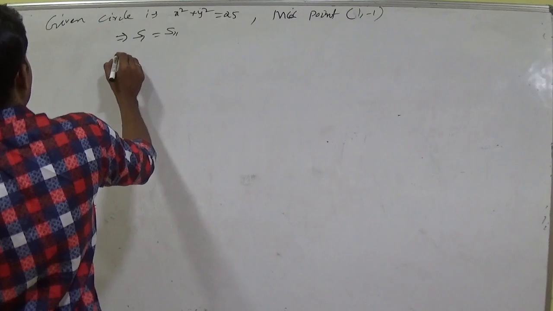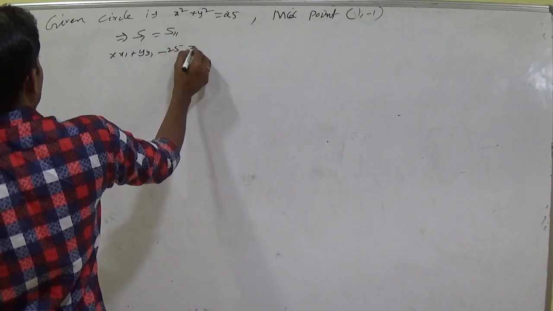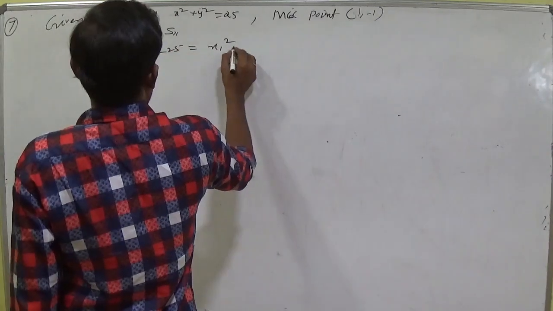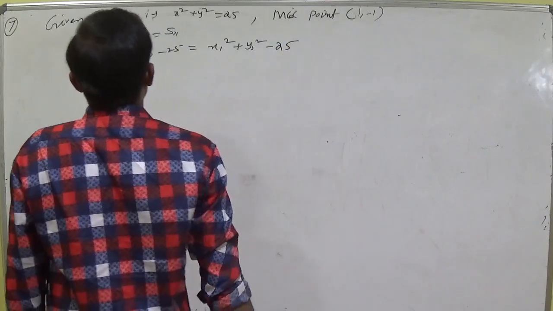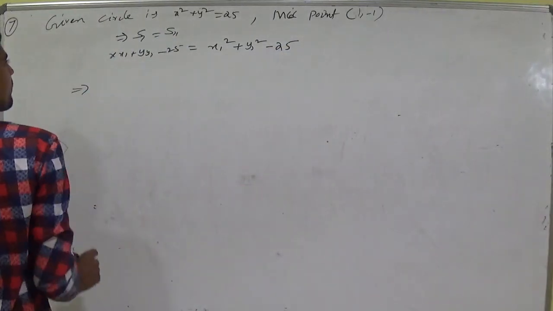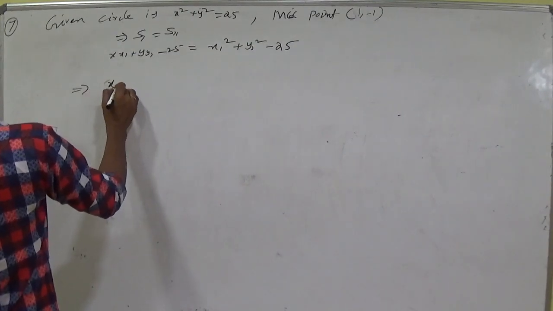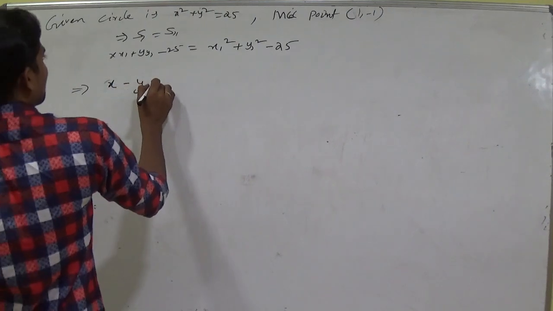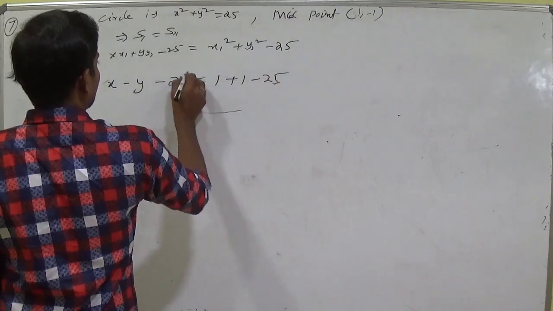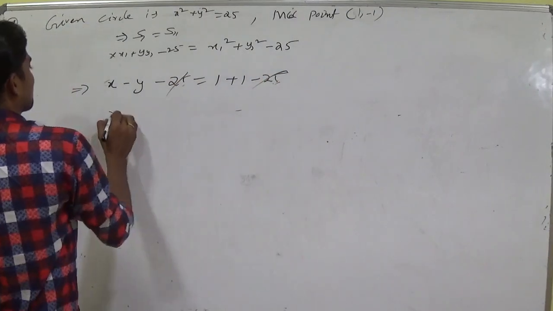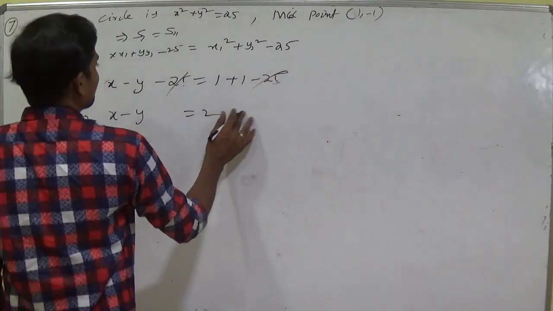So xx1 plus yy1 minus 25 equal to x1 square plus y1 square minus 25. That implies x minus y minus 25 equals 1 plus 1 minus 25, which implies x minus y equal to 2.